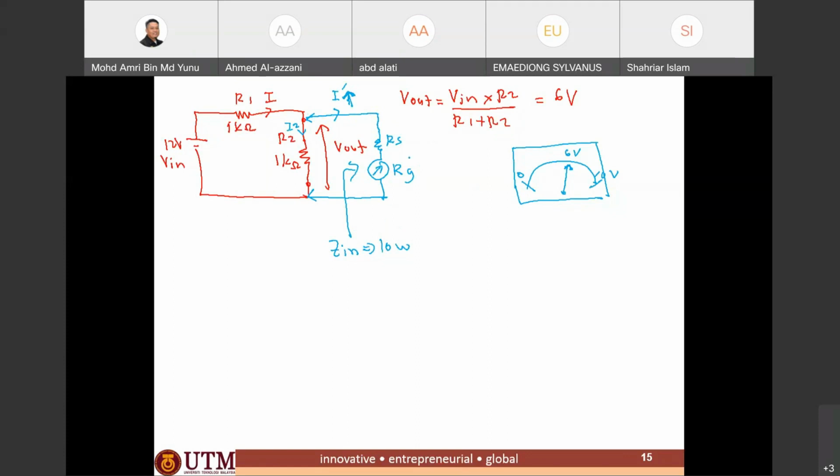Rg is usually very low, say 10 ohm. Let's say Rs we set as 100 ohm, so the internal resistance here is 100 plus 10, equivalent to 110 ohm.